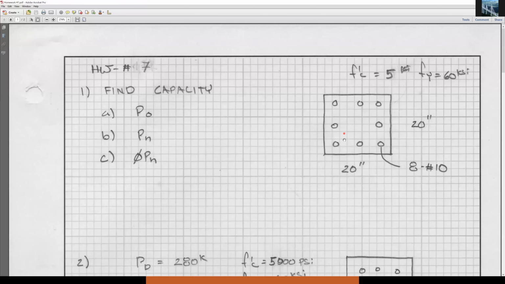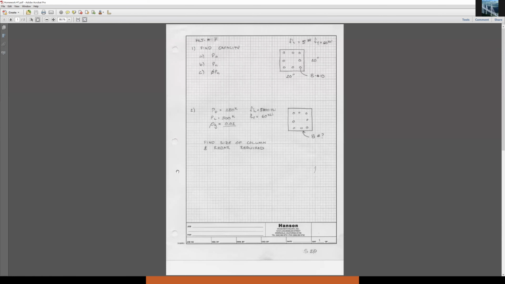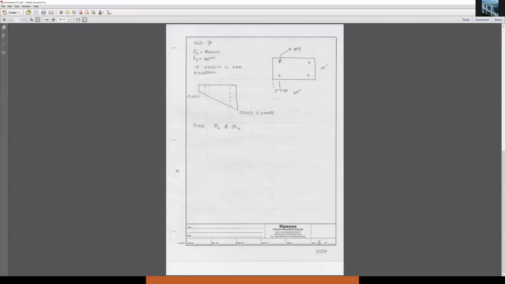Okay, so for homework 7, question number 2, after you commented here that for the column design you found 408, which I calculated again, but it looks like everything looks correct.